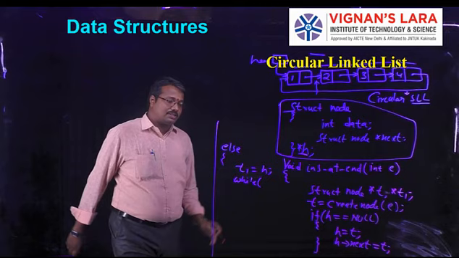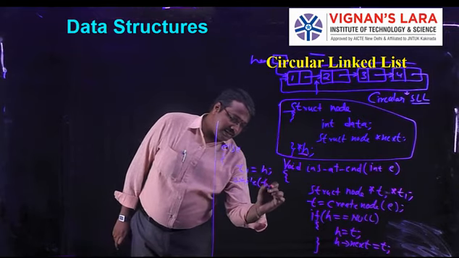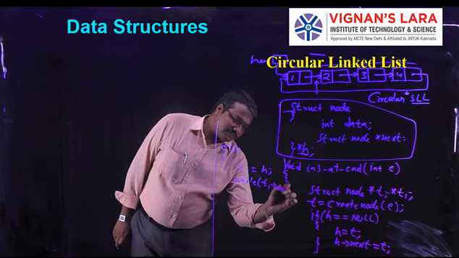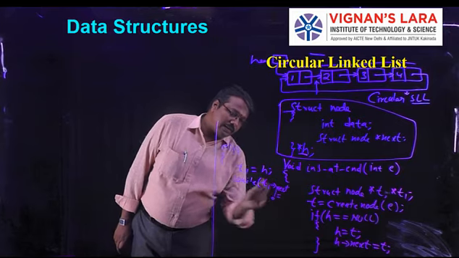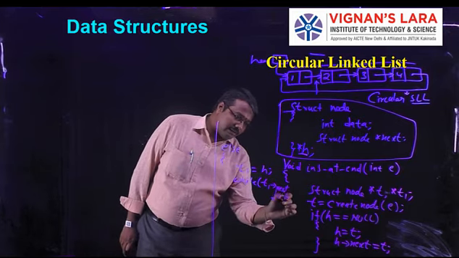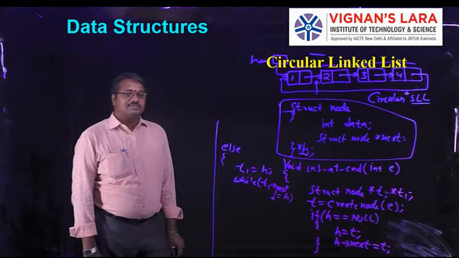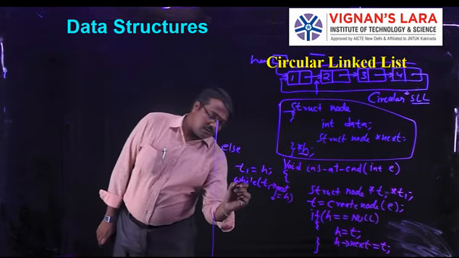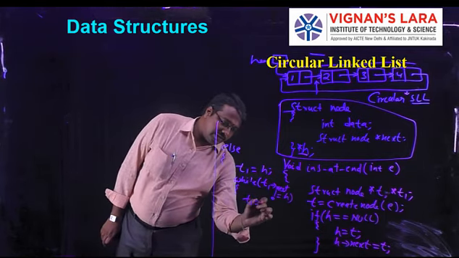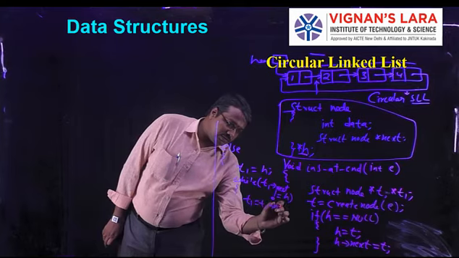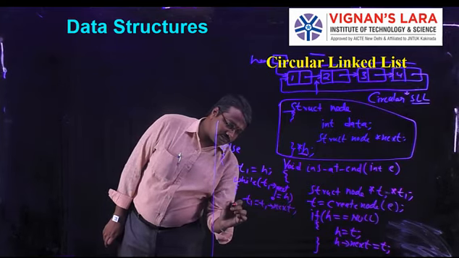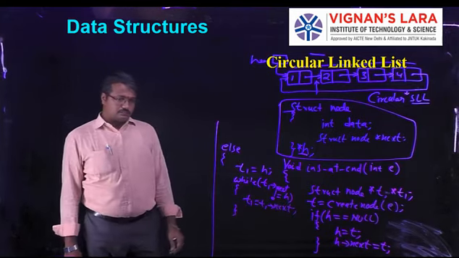So we need to capture carefully. So that's why, T1 of next, there we wrote null, here we write H. Until that we need to travel. T1 is equal to T1 of next.